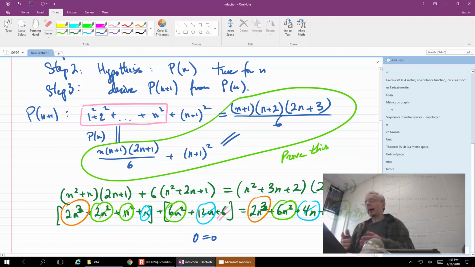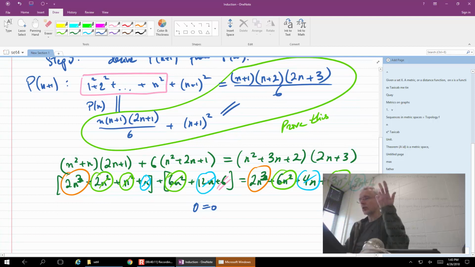I did not write it up, but as a written text this is unacceptable because it's just a computation. You have to explain what has happened. How would you explain it in words? So I arrived at 0 equal to 0.